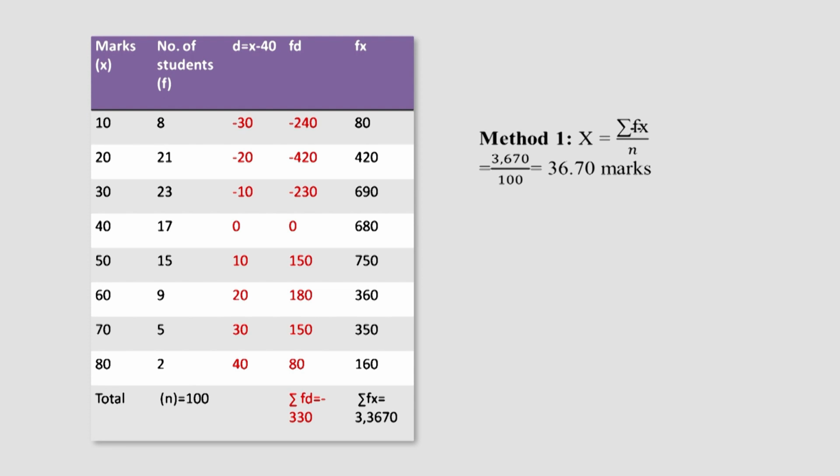In this case summation fx we have calculated, it was 3670, whereas the number of observations n is 100. For 100 students, the total marks is 3670. So when you divide 3670 by 100, what do you get? You get 36.70 marks. So this is the mean of the marks of the students of a particular subject.